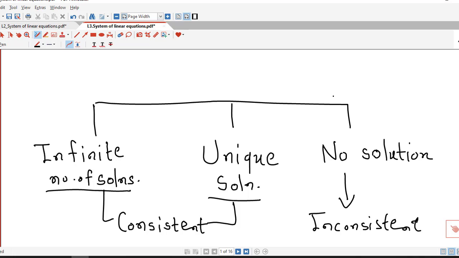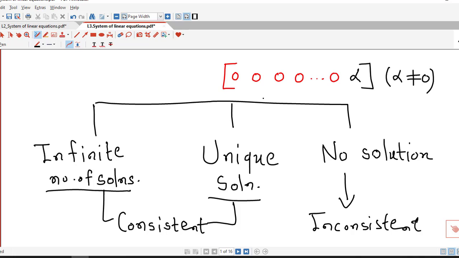So if system has no solution, then in the row echelon form of augmented matrix, you will obtain this type of row. All the entries are 0 except last entry, and last entry is non-zero.